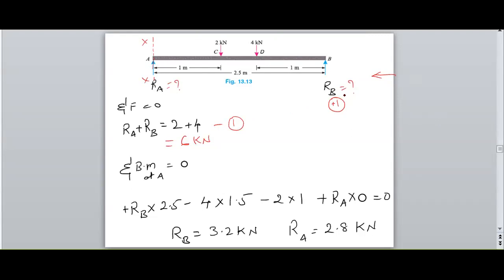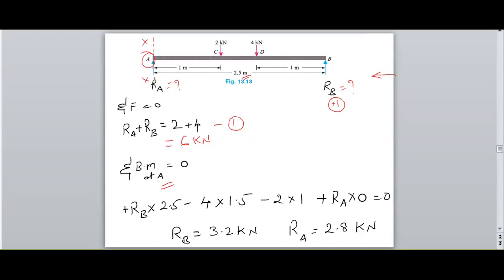So RB is the first force, RB into the perpendicular distance from A. I need to consider from A, so the distance is 2.5. RB into 2.5.